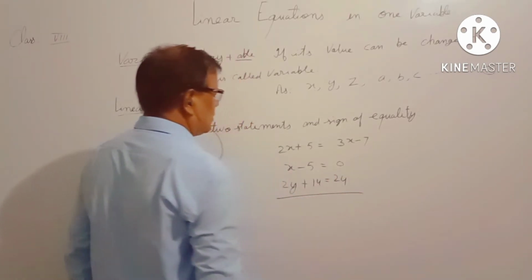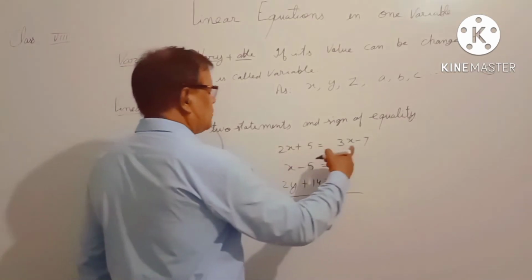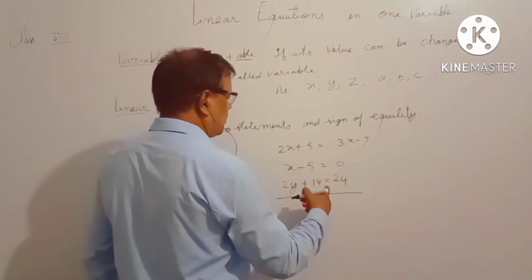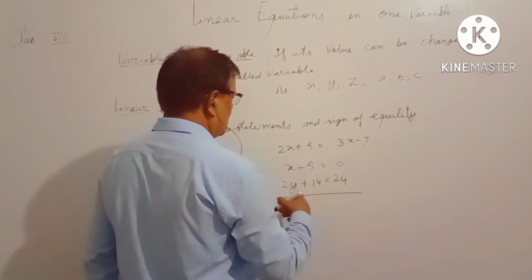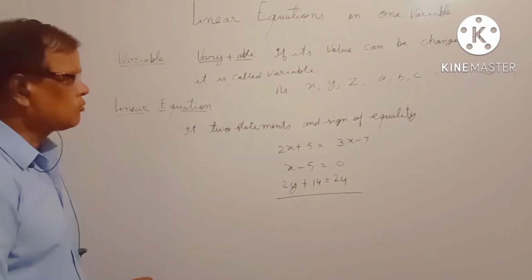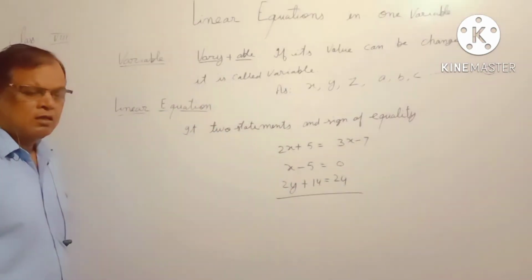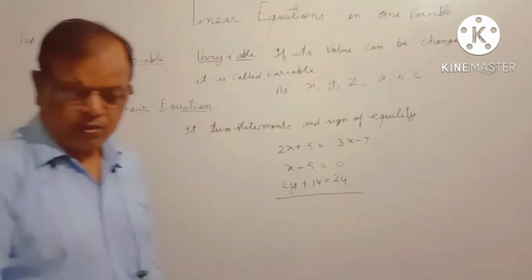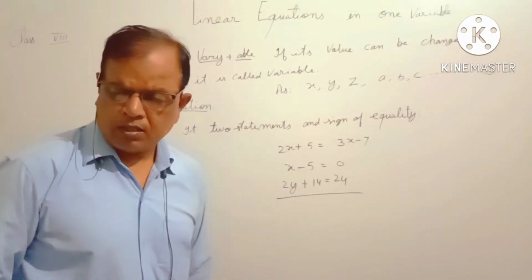These are called equations. Here the power is 1, the sign of equality is also used, and there are two statements. Now we are going to solve the equations with the help of given questions in our syllabus.